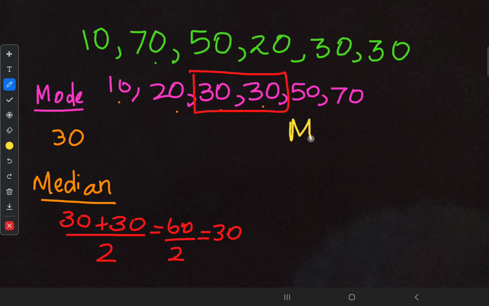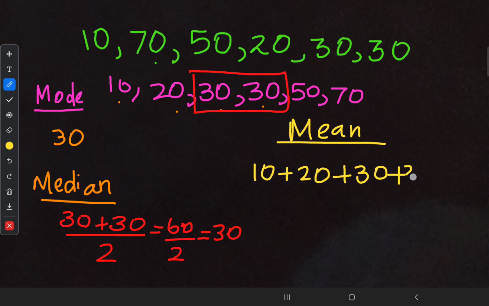Then let's find our mean. To get your mean, you have to add up your data: 10 plus 20 plus 30 plus 30, then 50 and 70. This should be divided by 6.